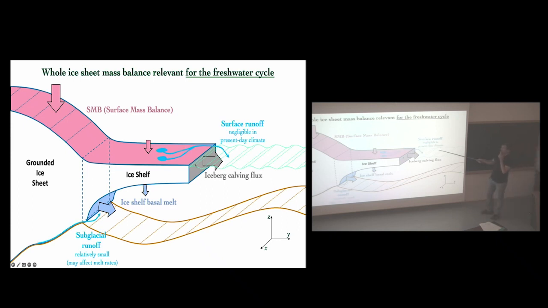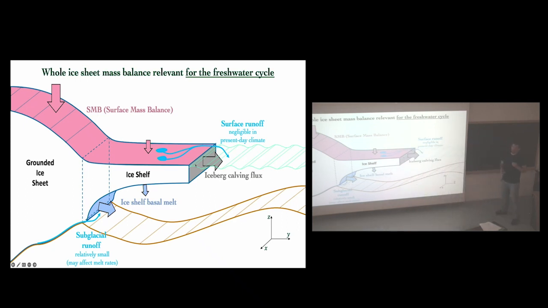I don't mention surface runoff. It's melting at the top, and sometimes the meltwater refreezes in the snow, but sometimes it goes out of the ice sheet. But this part is extremely small in the present-day climate, so I don't even speak about it. It's like 2 orders of magnitude smaller than the other ones. And you also have melting beneath the grounded ice sheet.